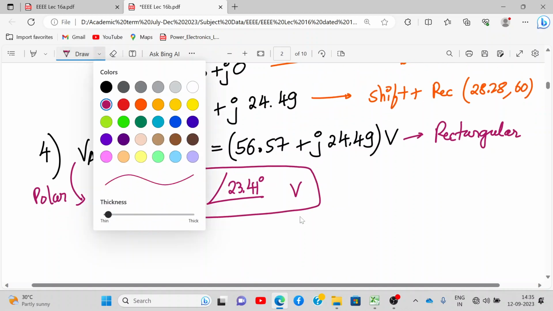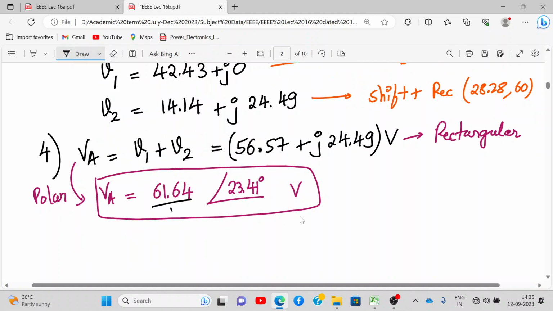Now this is the peak value, right? This is VM, or okay, VM1, let's say. So what is VA RMS or VA peak value? I mean, sorry, this is RMS. VA RMS. So what is VAM?